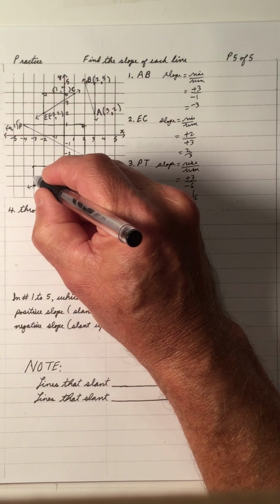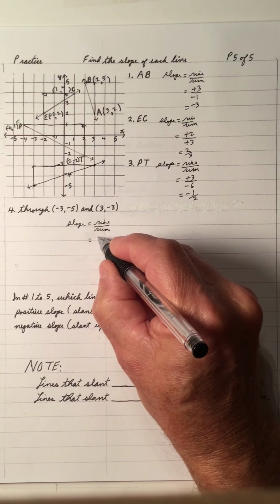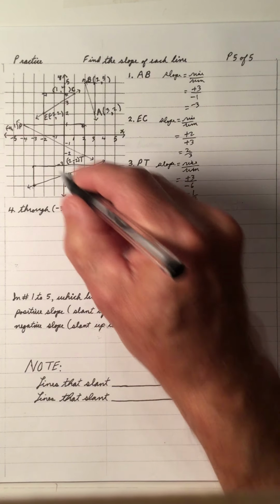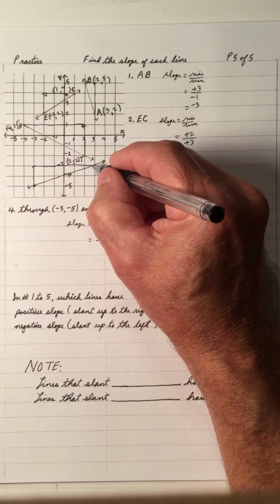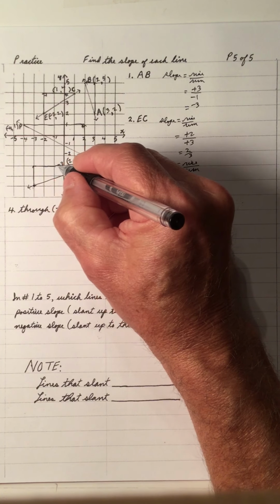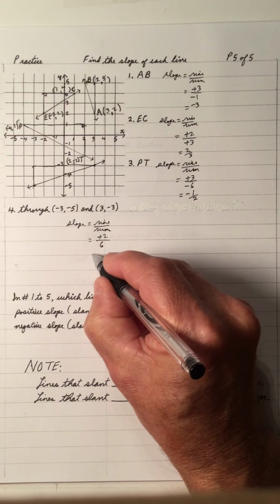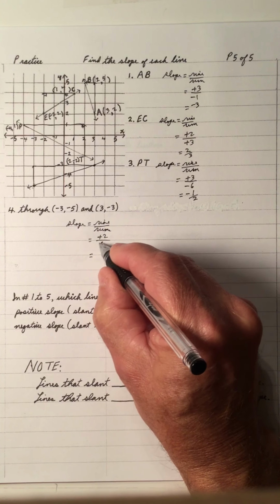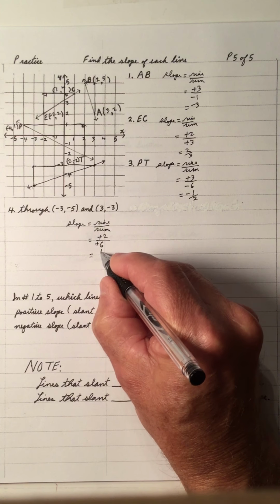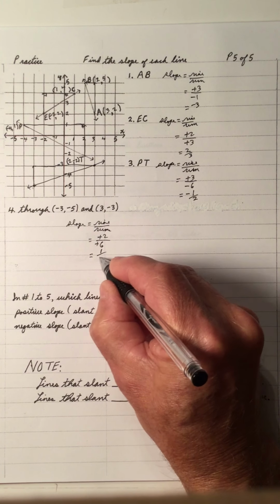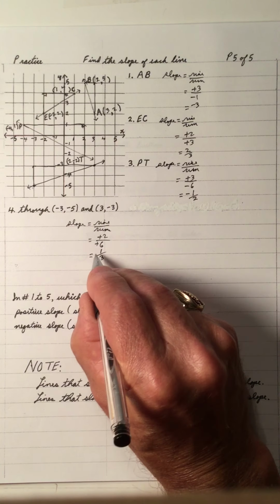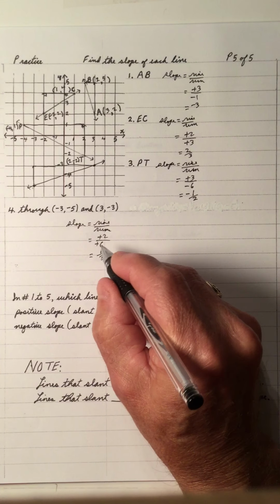So the rise is 1, 2, so it's a +2. And the run is going to the right, 1, 2, 3, 4, 5, 6, +6. So that's 1/3 because it reduces: the 2 goes to 1 and the 6 goes to 3. So 1/3 is my slope.